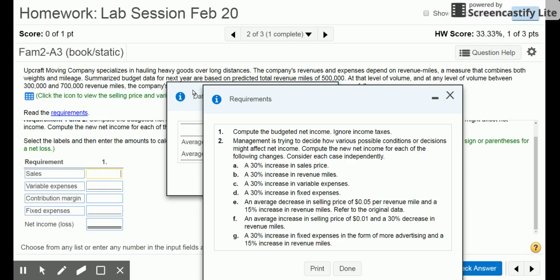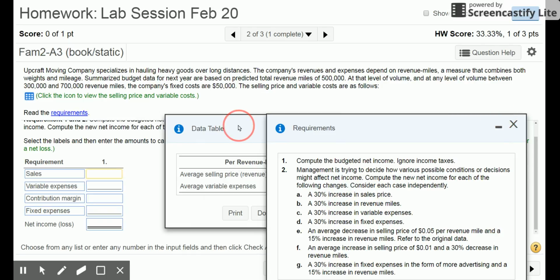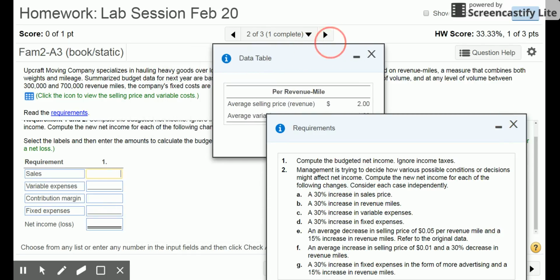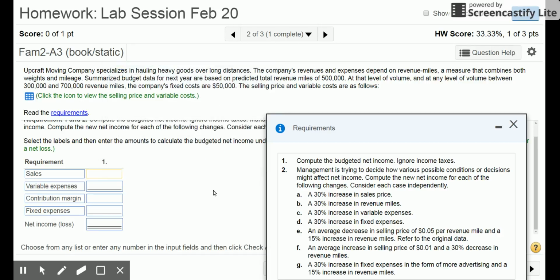So let's calculate that. Just remember our selling price is $2 and our variable expenses is $1.6. In this year, we have a total of 500,000 revenue miles.